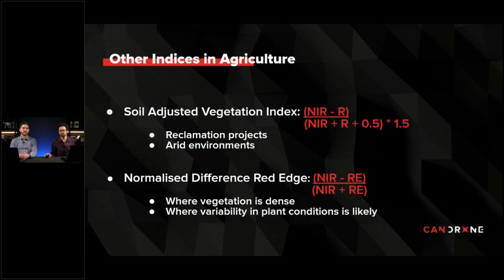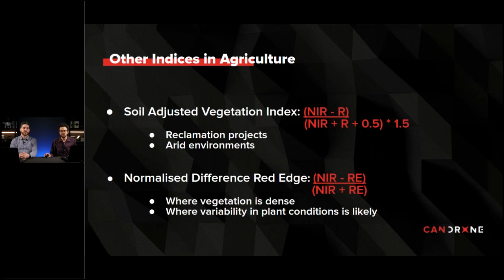And this will be more effective for depicting healthy vegetation in settings where pioneering plants have been recently established, such as reclaimed mining sites, oil and gas sites, etc. This index is also handy in arid environments or dry grassland environments, where again you want to gauge plant health without getting the signal washed out or overpowered by exposed soil or bare earth.